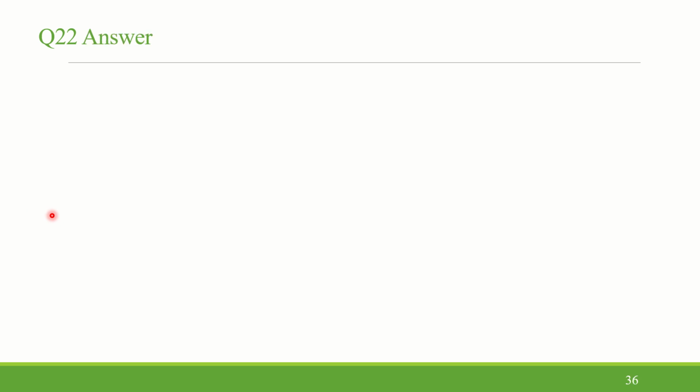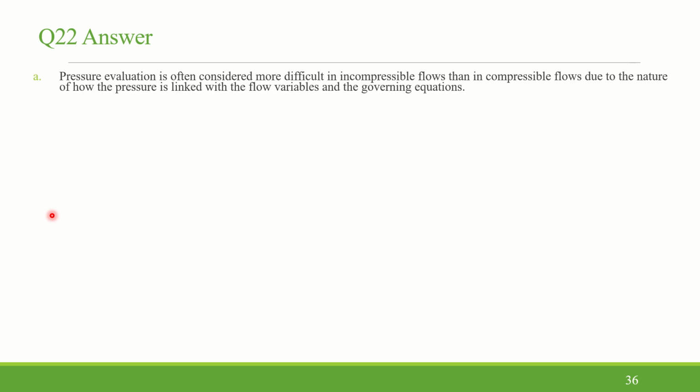Now a quick explanation. Pressure evaluation is often considered more difficult in incompressible flows than in compressible flows due to the nature of how pressure is linked with the flow variables and governing equations.